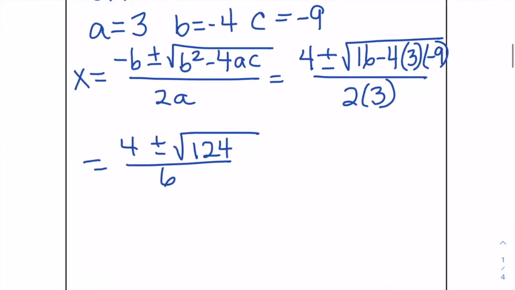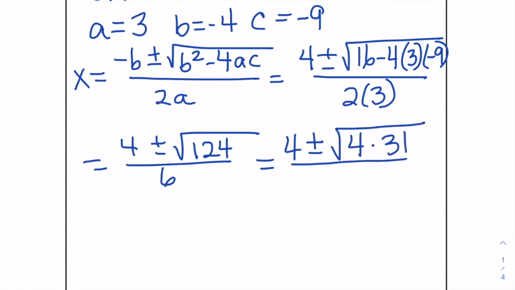124 can break apart. 4 can go into 124. So this is going to be 4 plus or minus, and we know 4 times 31 makes 124. We can take the square root of that 4, and that'll just be 2 times the square root of 31, over 6.